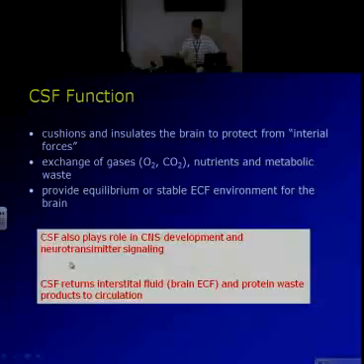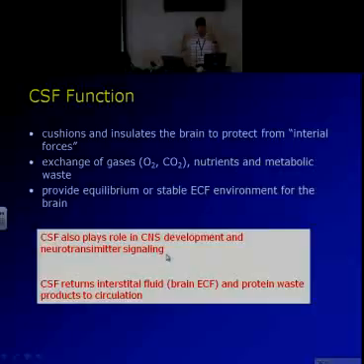Other functions, so again, these are a couple of talking points I wanted to add. There's a lot of discussion in the neuro world about the CSF. Here we kind of look at it as a static bath for the brain, and maybe providing a quick conduit in and out of nutrients and waste products. But there's a lot of discussion that there's actually a role as far as signaling in the CNS as well. And the CSF, as I said earlier, gets absorbed throughout that whole pathway.